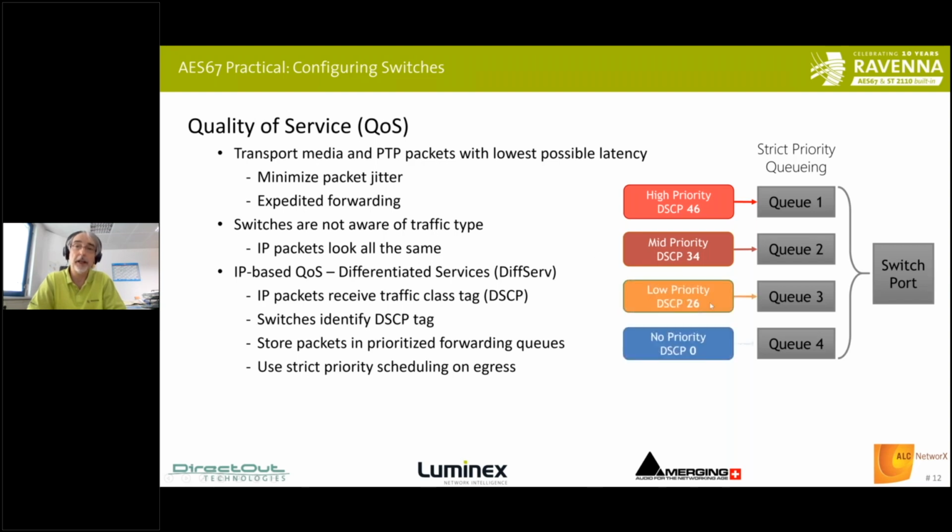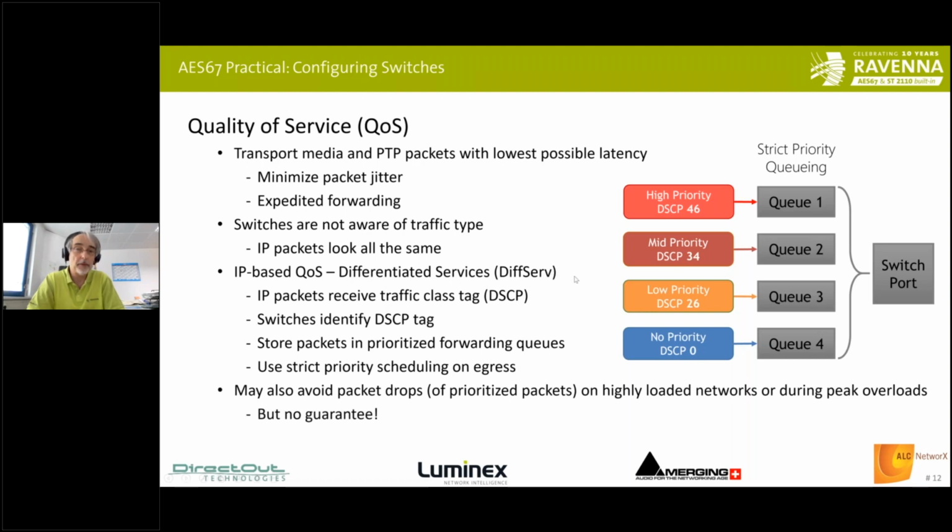So then the switch is looking at those IP tags. Let's assume that the PTP packets receive DSCP 46. So the switch knows, okay, any packet with DSCP 46 goes into the highest queue and is being served first. And Nicolas will elaborate on that further in the upcoming section. So that is how quality of service works.